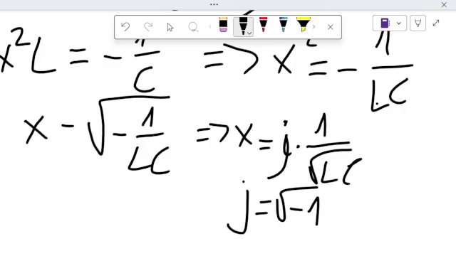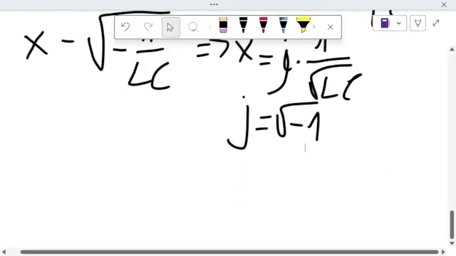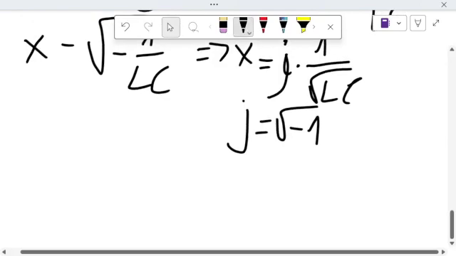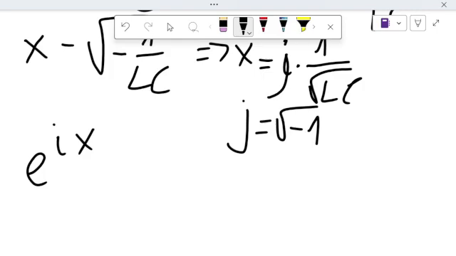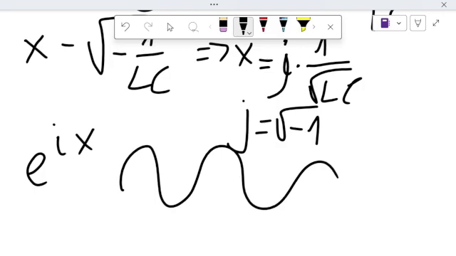Okay, so we know that the exponential of this means something like this, and I think I will not continue, but it's very easy to understand. You can develop it in a Taylor series, and let's write.